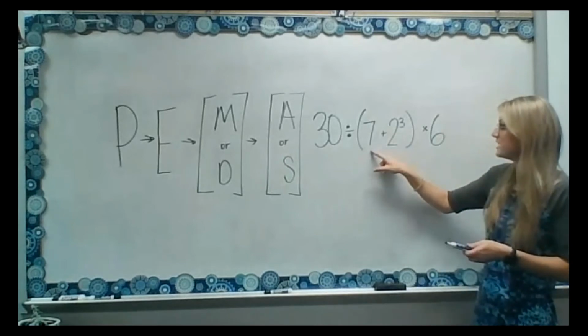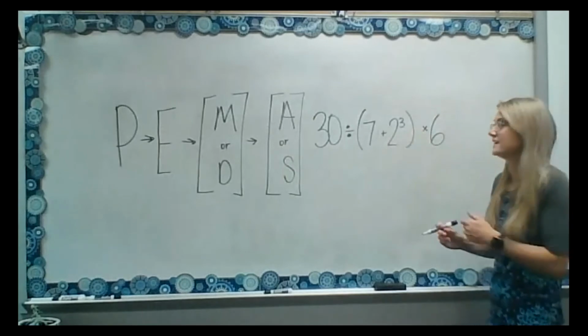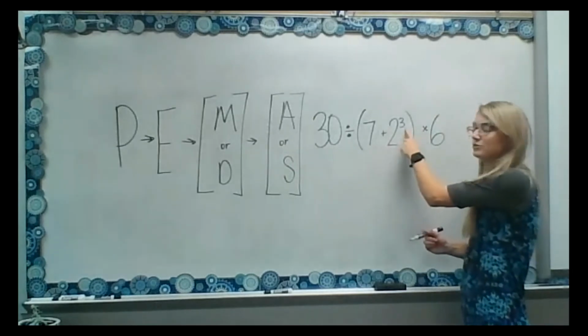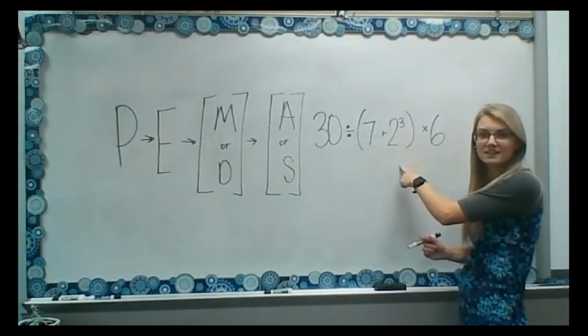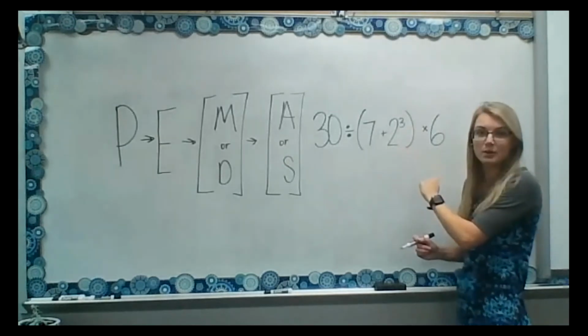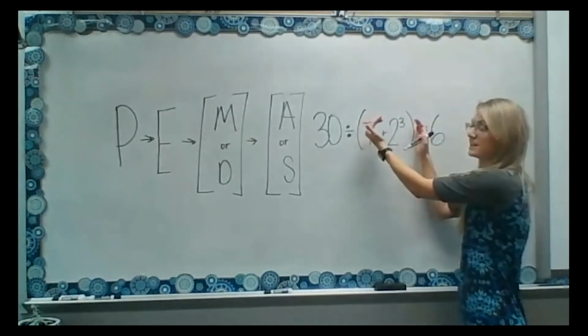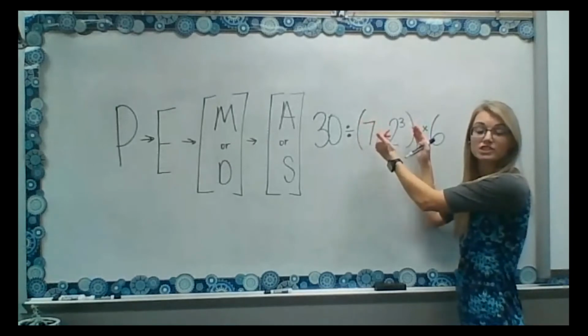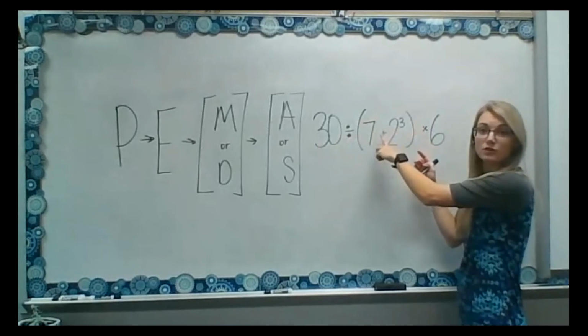Okay, 7 plus 2 cubed. Okay, can I multiply 7 plus 2 cubed? Or do I have to do a little bit of math here first? I have to do a little bit of math first. Okay, we need to solve the exponents before we can add. Inside the parentheses, it's almost like you have to do order of operations again, okay? And exponents are going to come before addition.